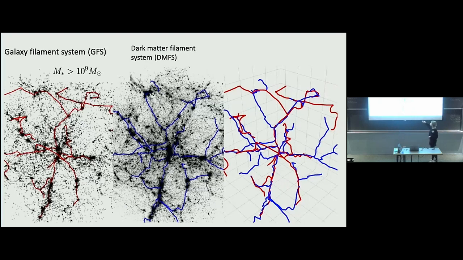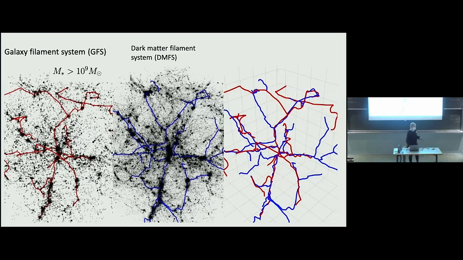We call it the dark matter filament system. And in the third panel, you can see on one plot the galaxy filament system and the dark matter filament system, and they do not coincide totally. So we see some differences between the galaxy filament system and the dark matter filament system.